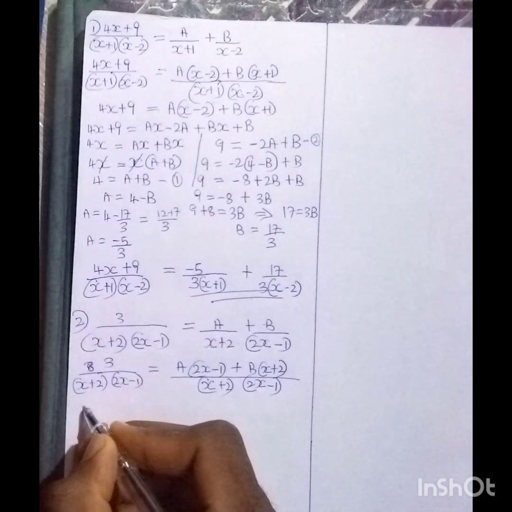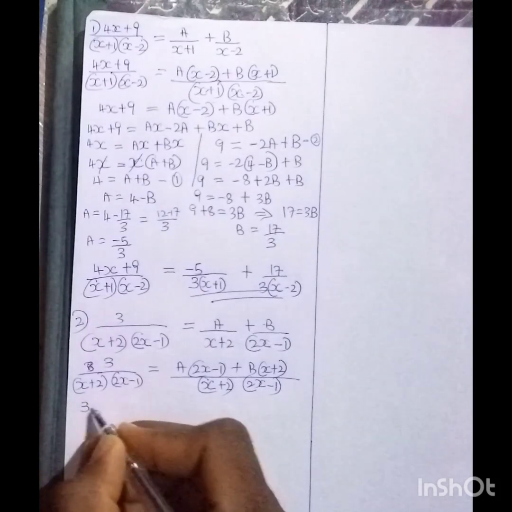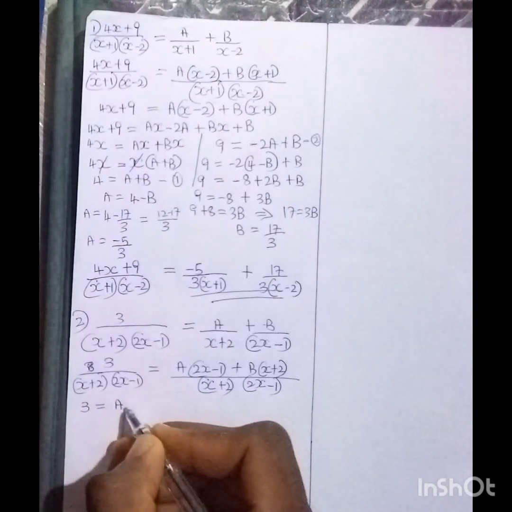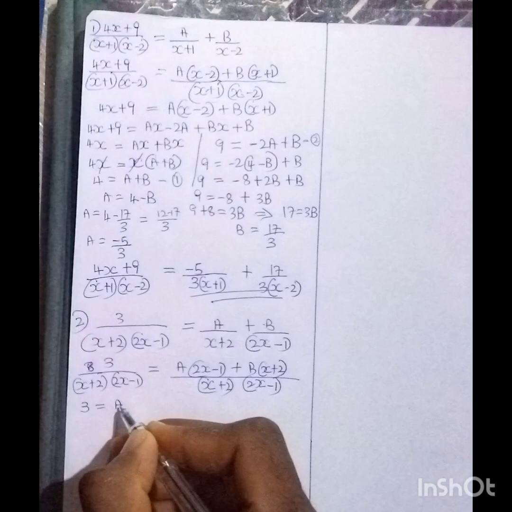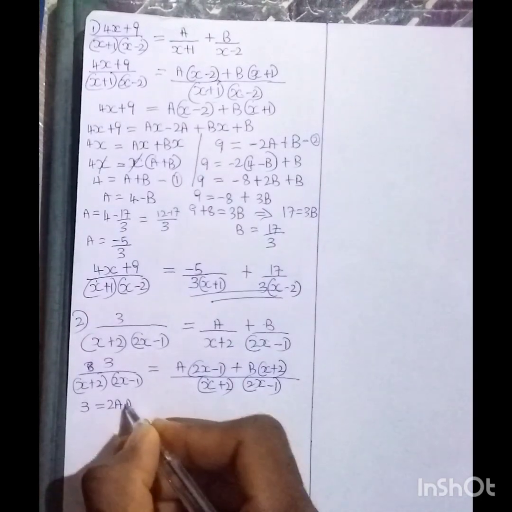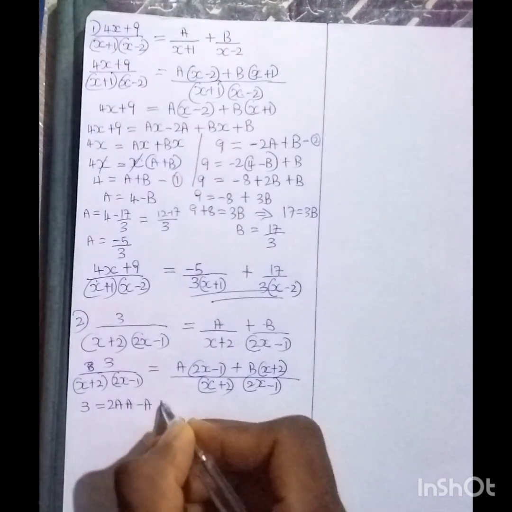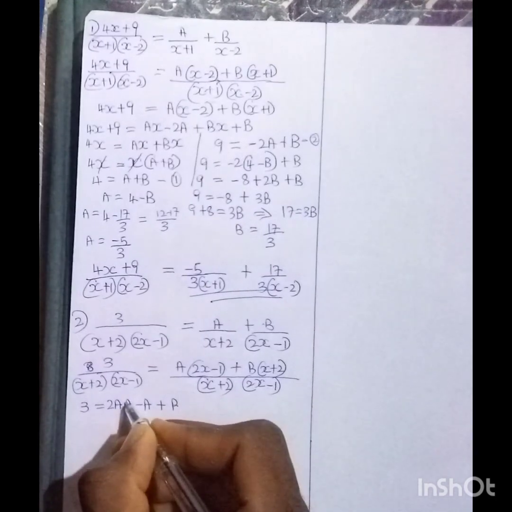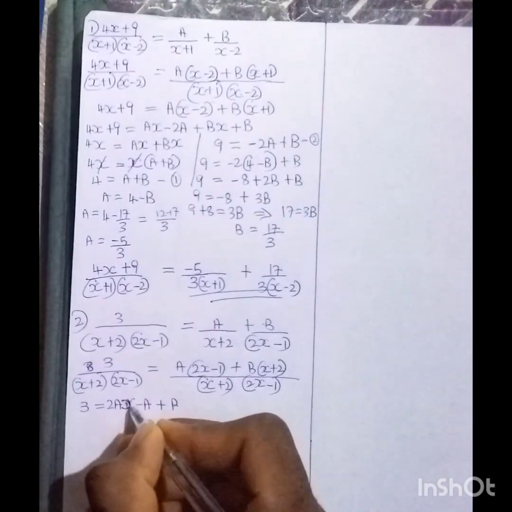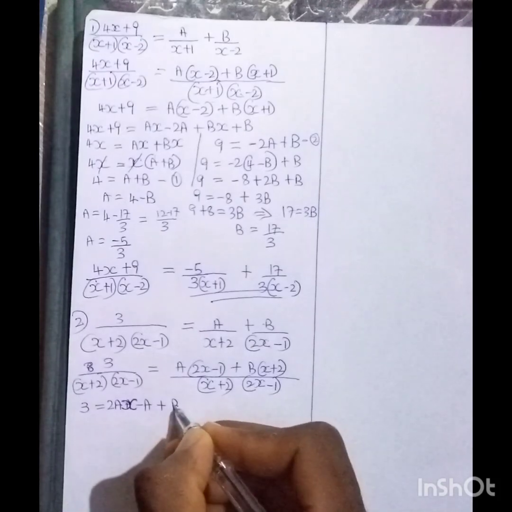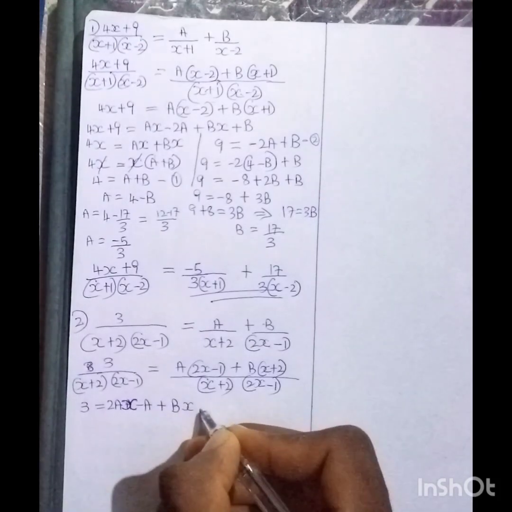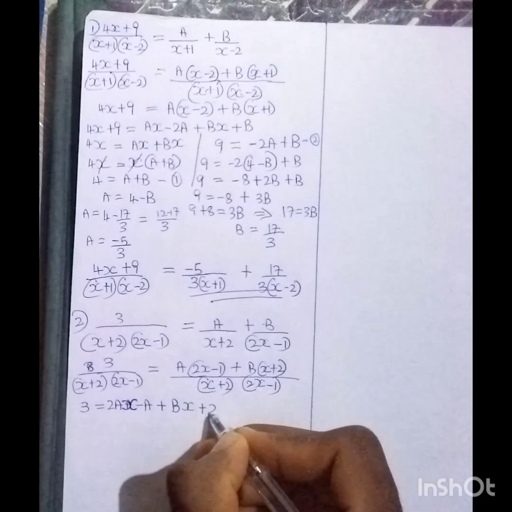Then we equate 3 is equal to A(2x - 1) + B(x + 2). Let's open the bracket at once: 2Ax - A + Bx + 2B.